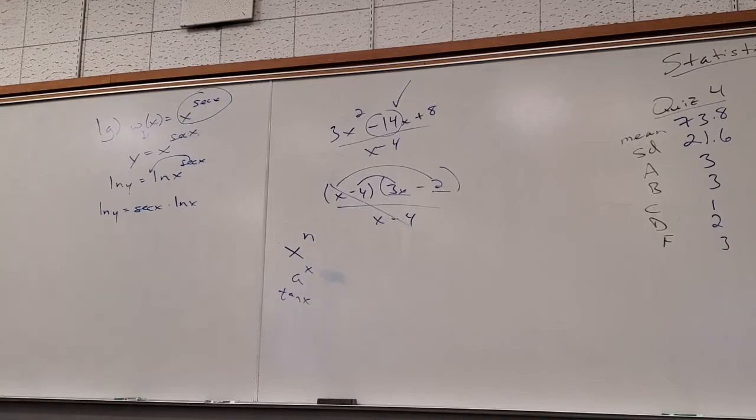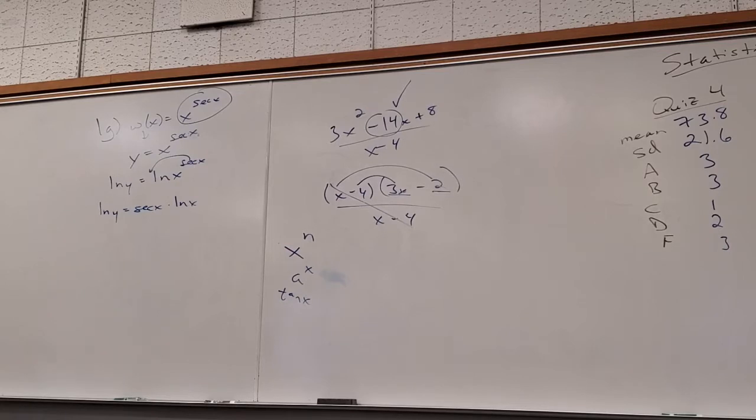Quotient rule is g prime times f minus g times f prime over g. No. So remember, did anybody remember my song for quotient rule? Top first. So quotient rule is, if it's f over g, f prime g top first, minus f g prime over g squared.